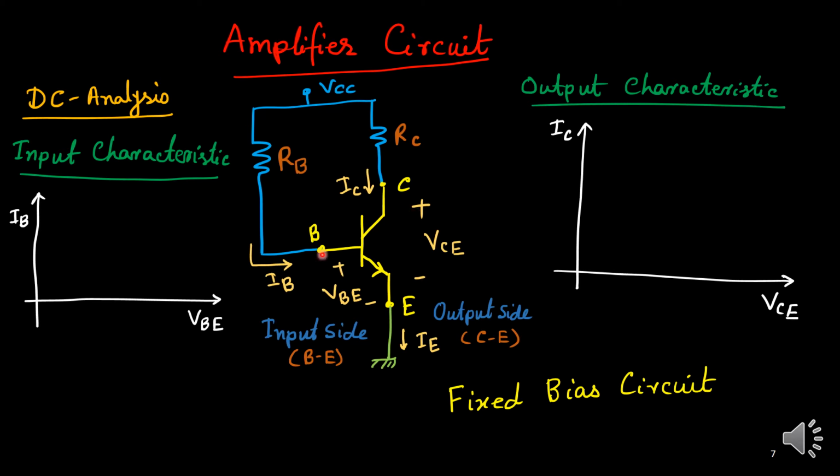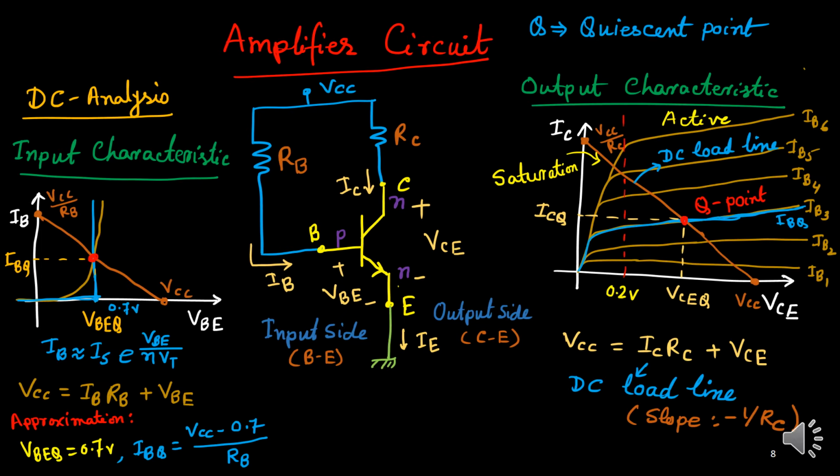IB and VBE is basically a diode configuration, a PN diode, so its relation is nothing but a diode curve. But on the output side, IC versus VCE, we get a collection of curves for different values of IB. This is the total thing we discussed last time.